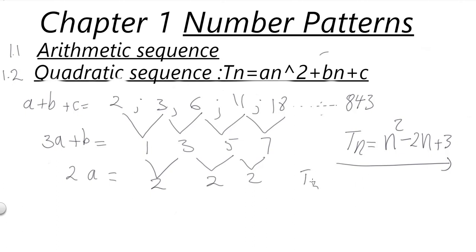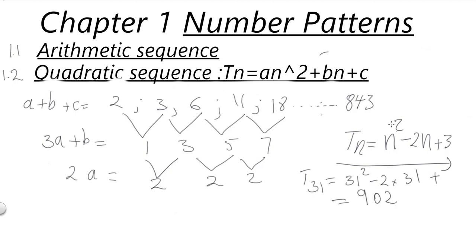T31 will be 31 squared, okay, 31 squared minus 2 times 31, plus 3. So the answer will be 902.